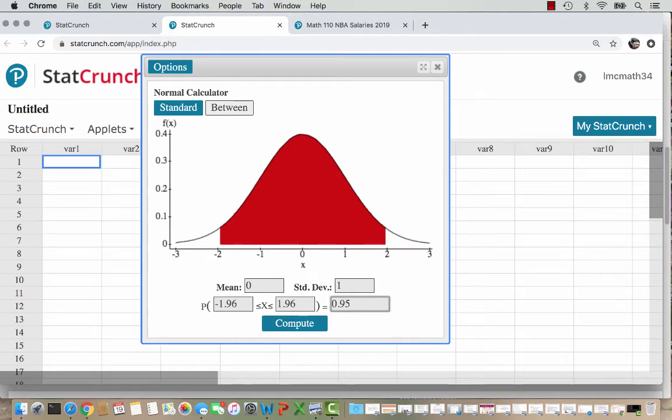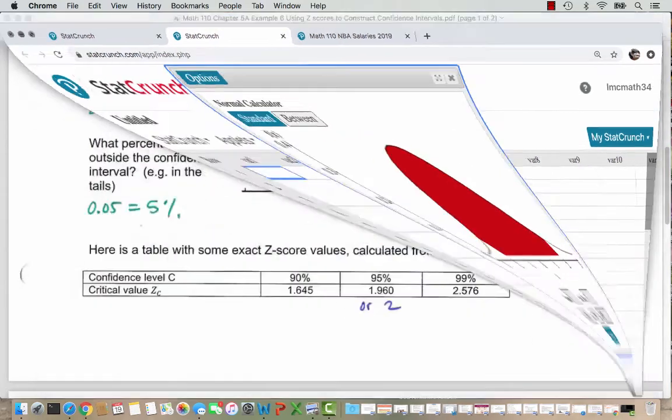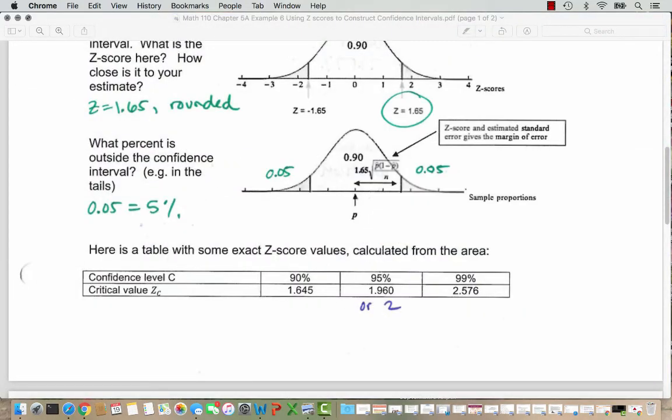So for the purposes of our class, you can keep on using 2 as our corresponding z-score for 95% confidence, or you're welcome to use 1.96. I use them interchangeably depending on how precise I want to be. And then 99% corresponds with 2.576 standard deviations, or if we're working with a sampling distribution, we'll use standard errors.